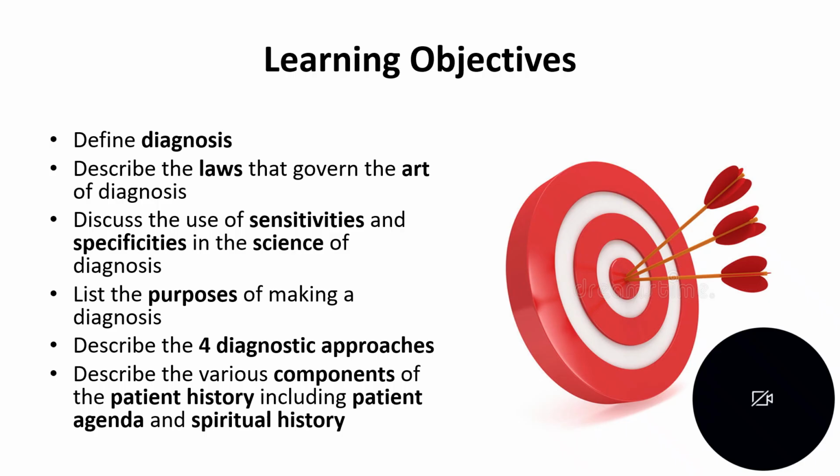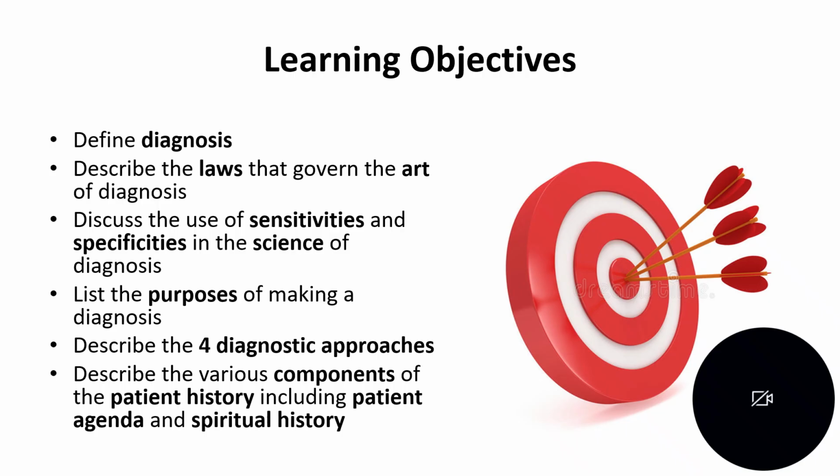Now, here are the learning objectives or outcomes for the next 3-4 hours of lectures. At the end of this set of lectures for this week, you should be able to define the term diagnosis. You should be able to describe the 4 laws that govern the art of diagnosis. You should be able to discuss the use of sensitivities and specificities as part of the science of diagnosis.